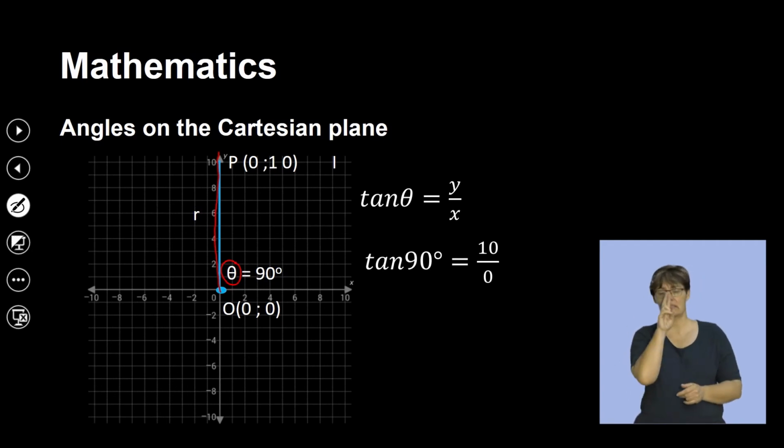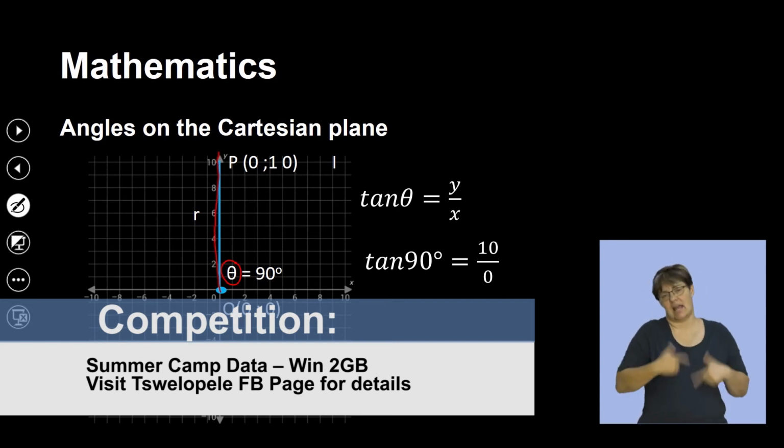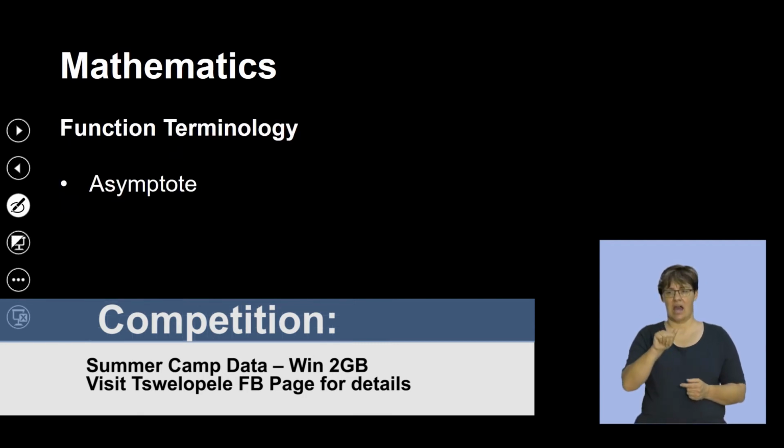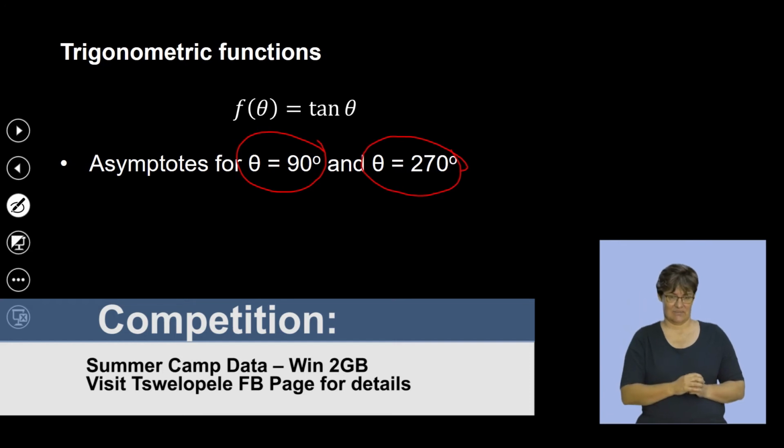I dare you to press your calculator now and say 10 over 0. If you get an answer, I promise you, I will give you everything you want in life. But it will actually be undefined. So that means the graph is not defined at 90. Hence, we call this the asymptote. And the asymptotes of this graph are at 90 degrees and 270 degrees.